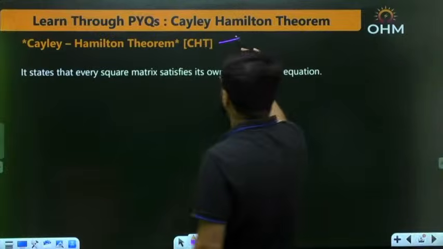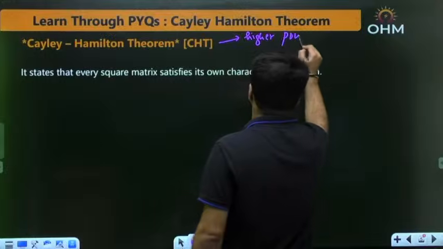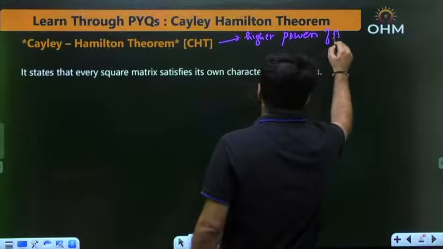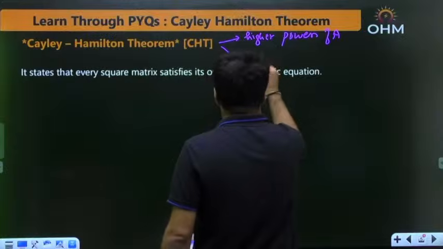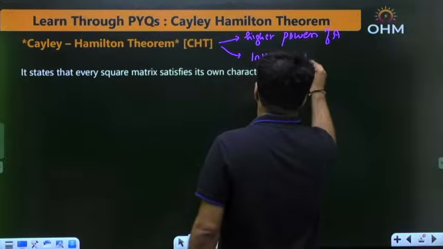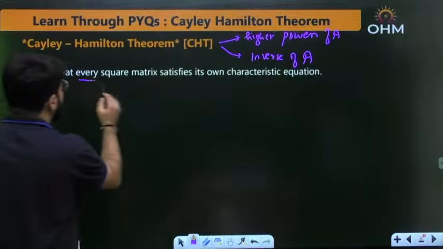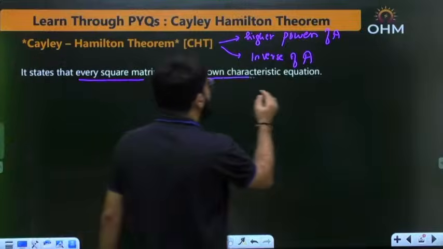As I told you, it is mostly used for calculation of higher powers of A, or negative powers of A, I mean the inverse of A. It simply says that every square matrix satisfies its own characteristic equation.